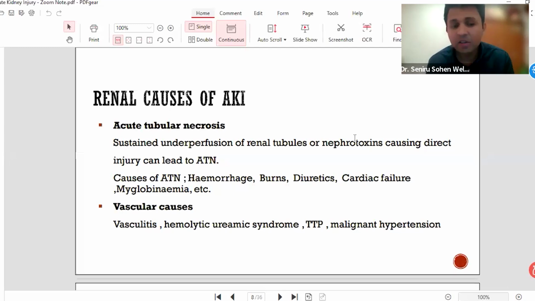These would include vascular causes, and most of these would be in the small vessels in the kidneys. So they would be in the form of small vessel vasculitis or pathologies like hemolytic uremic syndrome, TTP, or malignant hypertension. Small vessel vasculitis would involve things like ANCA vasculitis. Then you would have large vessel involvement.